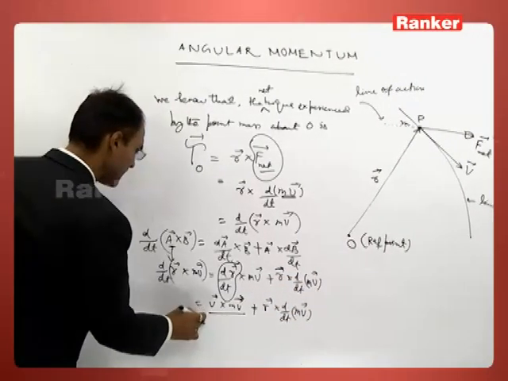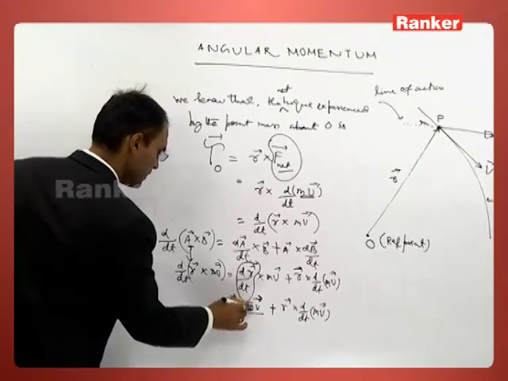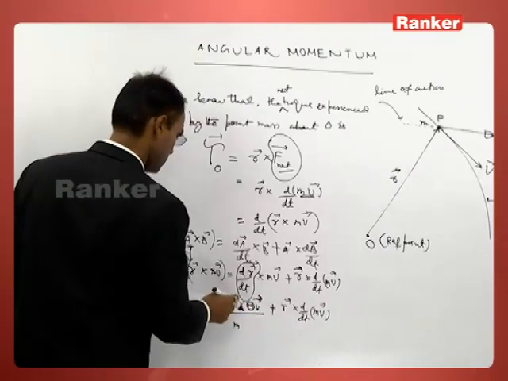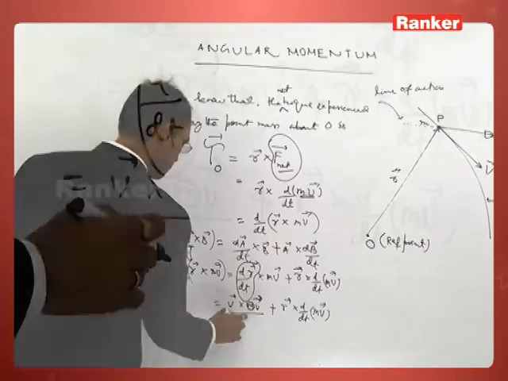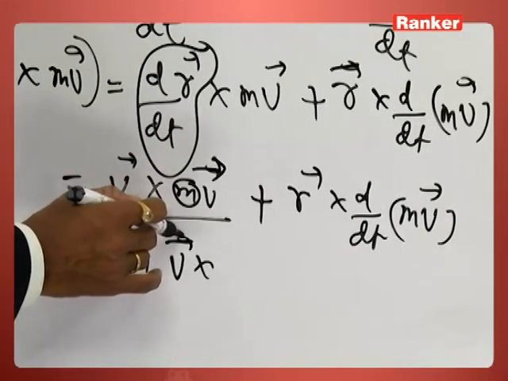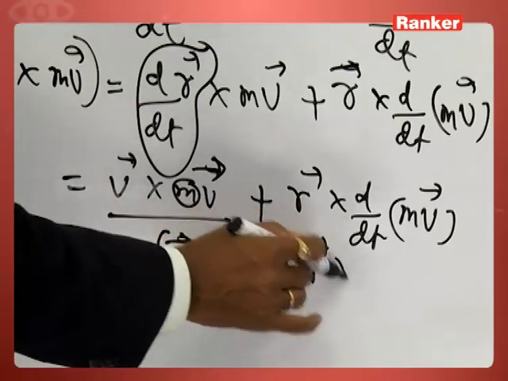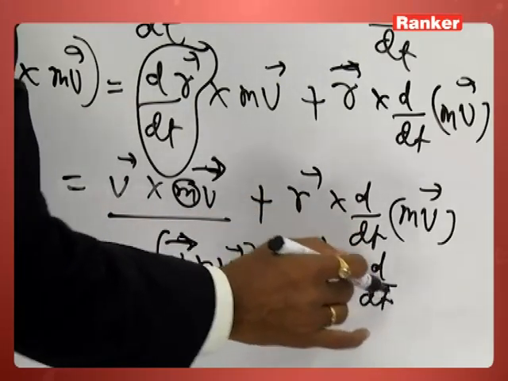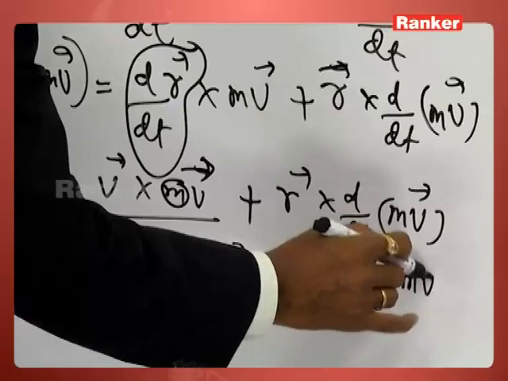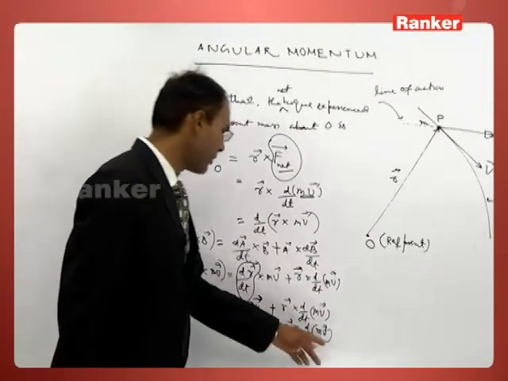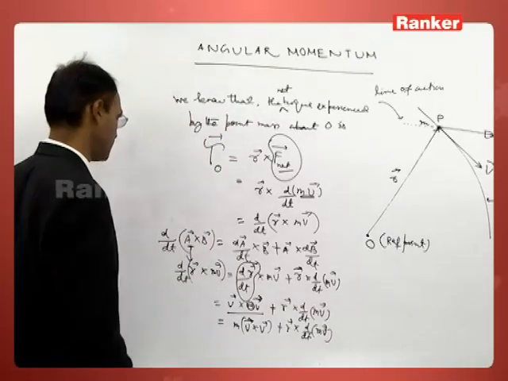The first term, since m is a scalar, you can pull it out of the cross product. So m into V cross V plus R cross d by dt, the time derivative of the linear momentum of the particle.